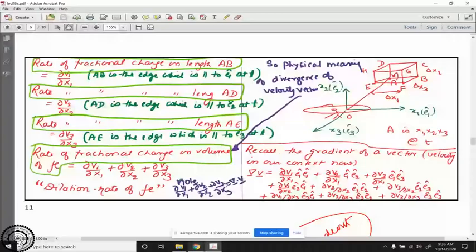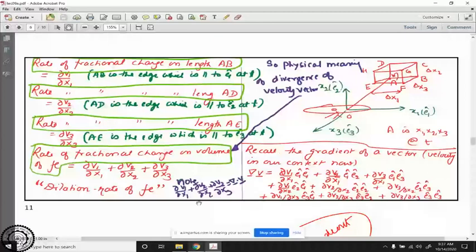Talking about physical meanings, students were curious what the physical meaning of divergence or something else is. So here is an example. If the tensor is velocity, and we are talking about fluid mechanics, then the divergence of the velocity field mathematically means this. But what we have seen in the last 2 lectures is that it has a very nice physical meaning: the rate of fractional change in the volume of a small fluid element.